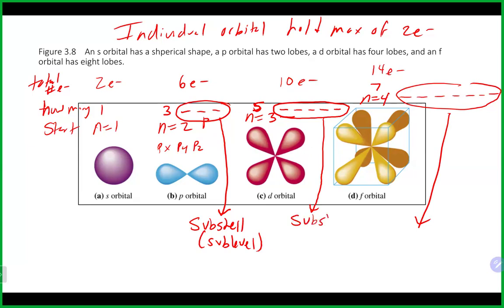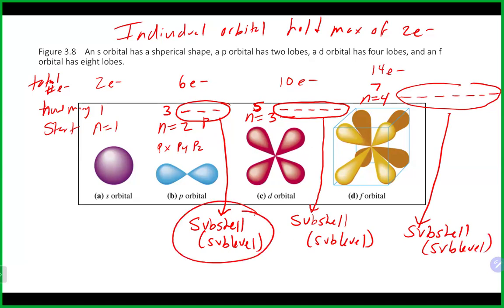So that would be referred to as the p subshell, all 3 of those individual p orbitals together. This would be the d subshell, all 5 of the individual d orbitals together on an energy level. And this would be the f subshell, all 7 of them on an energy level. We do not refer to s orbitals as subshells because there's only one orbital on any energy level. So we just refer to it as an orbital.